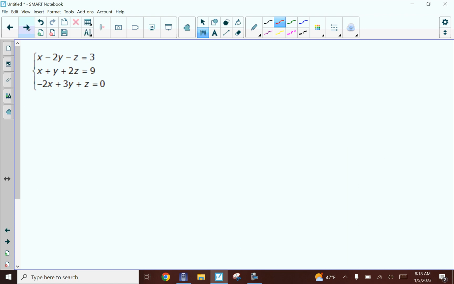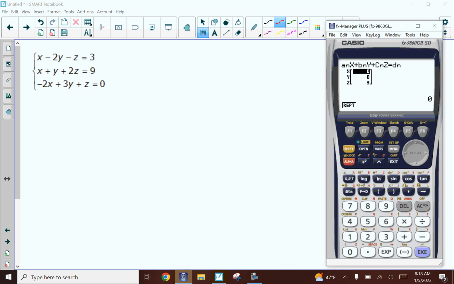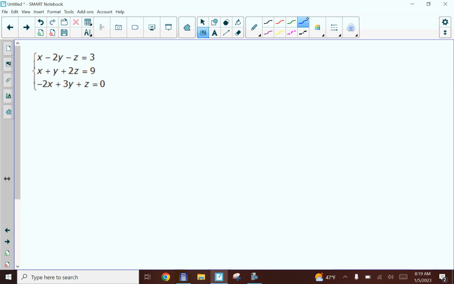Okay, just to make sure we know how to type stuff in, I'm going to clarify real quick. If I want to type in a separate problem, I have to go into the exit, and then I have to clear out the last question. If you notice right here, it says CLR right above F3. You touch that, and it clears out everything. So in this question, I would have to type in 1, -2, -1, and 3.